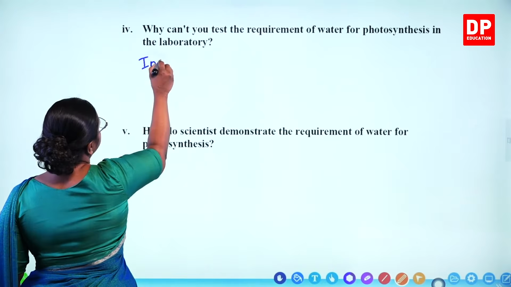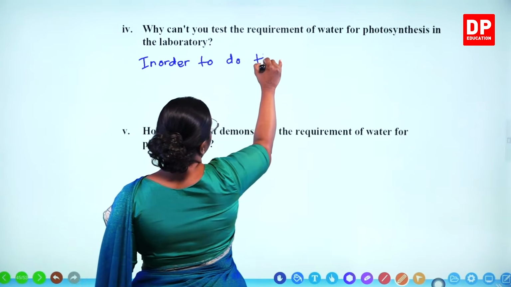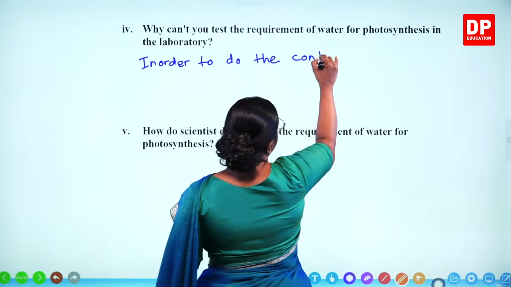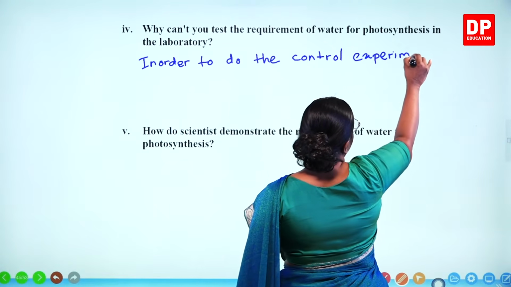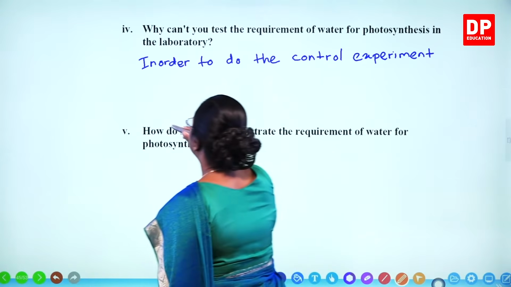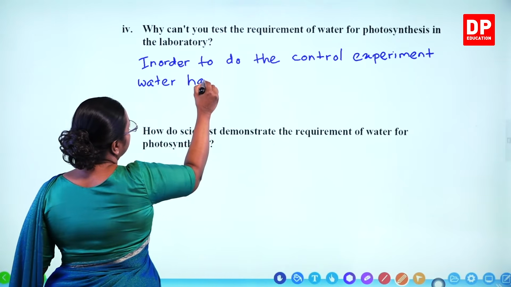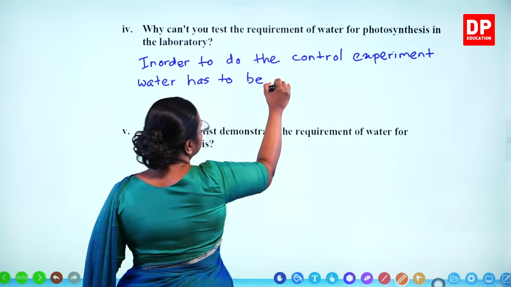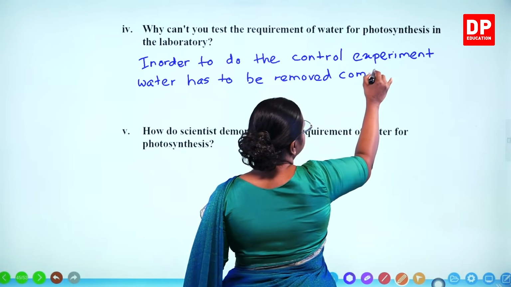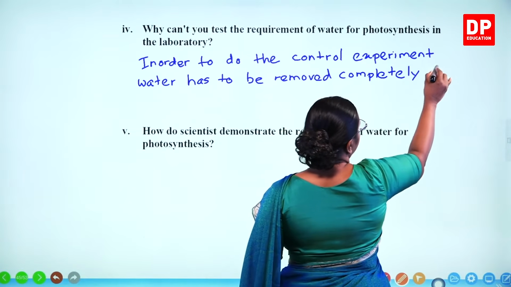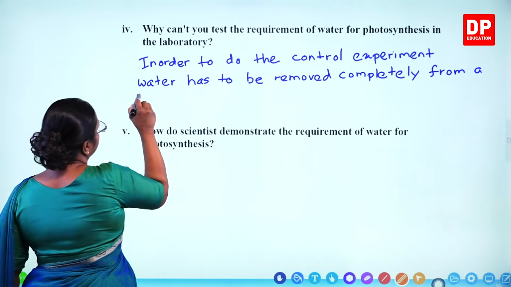In order to do the control experiment, water has to be removed completely from a plant.